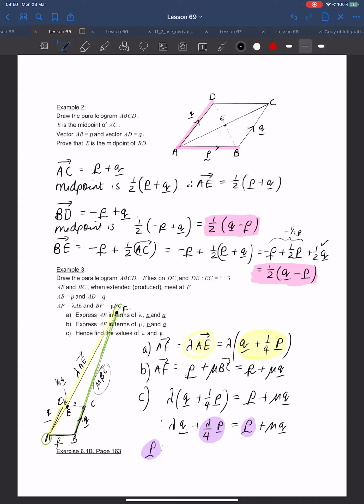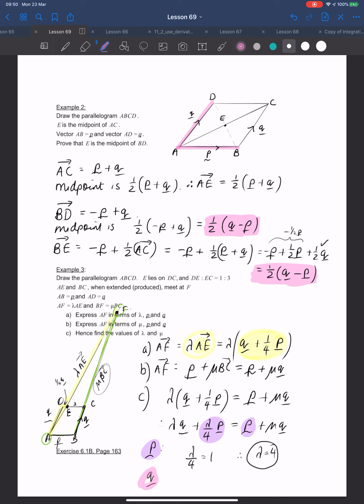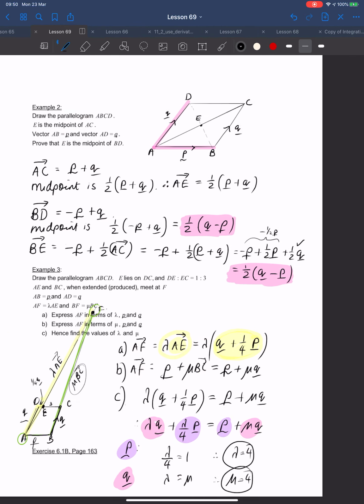Okay, we've got lambda over 4 is 1, so therefore lambda is 4. And then if we look at the Q's, pick another colour for the Q's. We've got lambda there is mu. That's handy. Lambda is mu, so therefore mu is also 4 because lambda's 4. And that concludes that one.